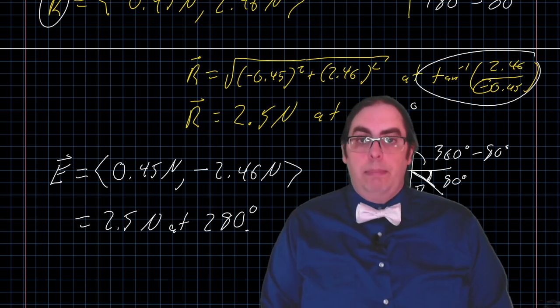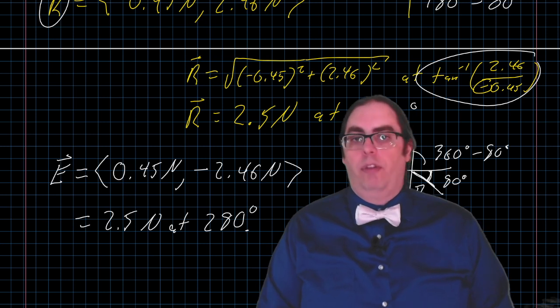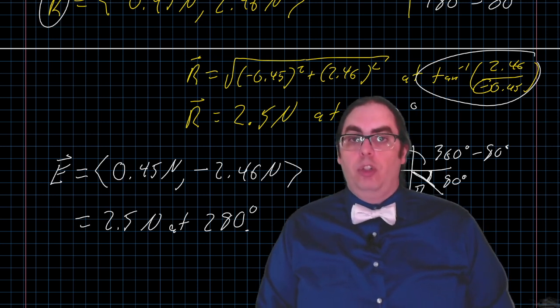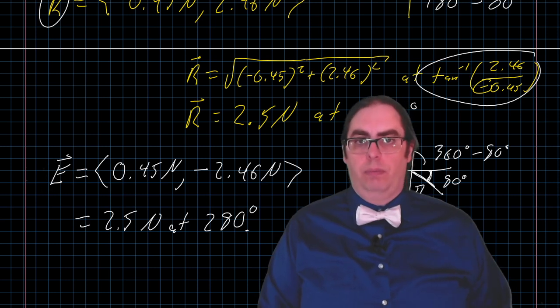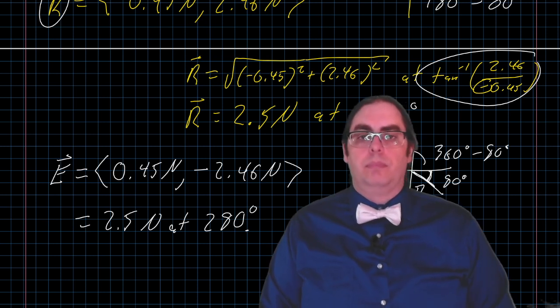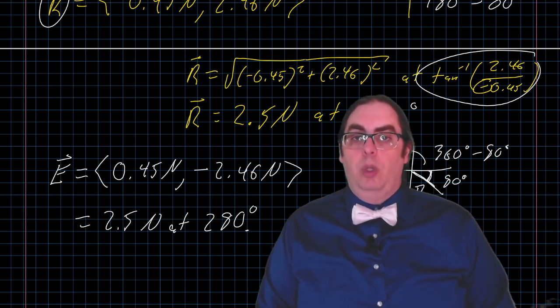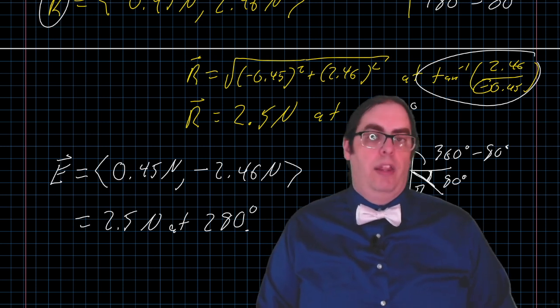The equilibrant is the vector you add to all of the force vectors you have so that the net force becomes zero, so that the system is in equilibrium, hence the name. But the equilibrant is always going to be the negative of the resultant.